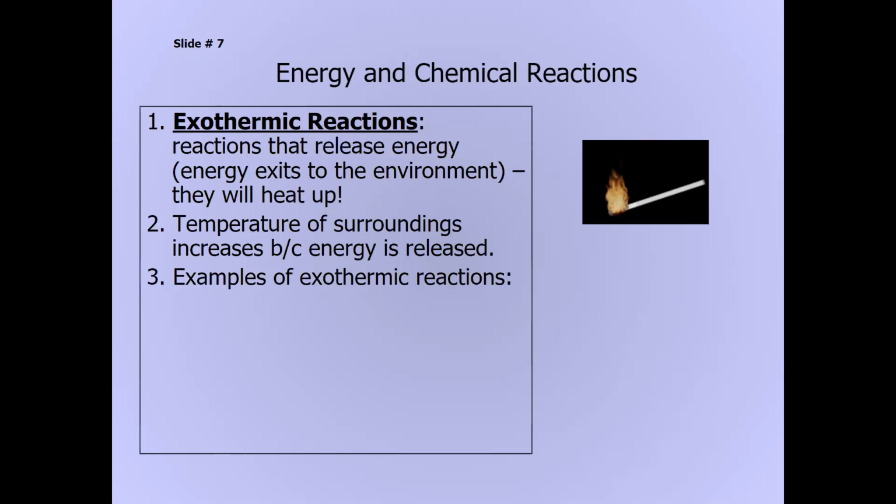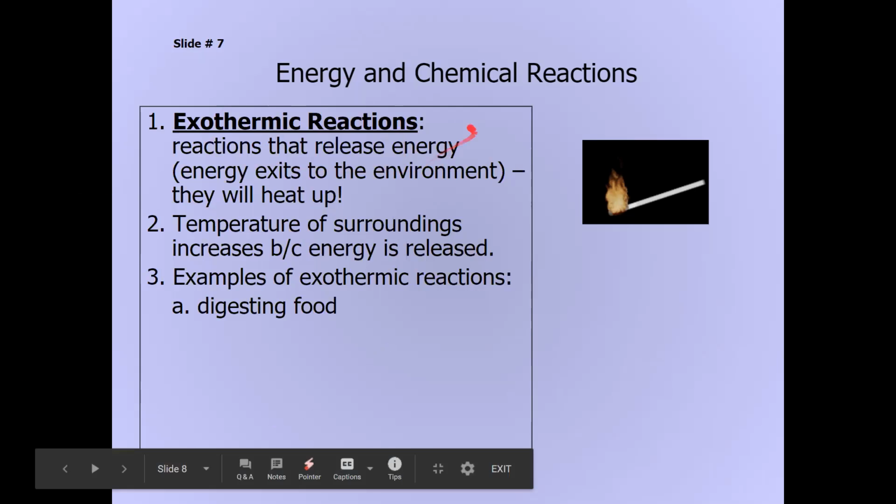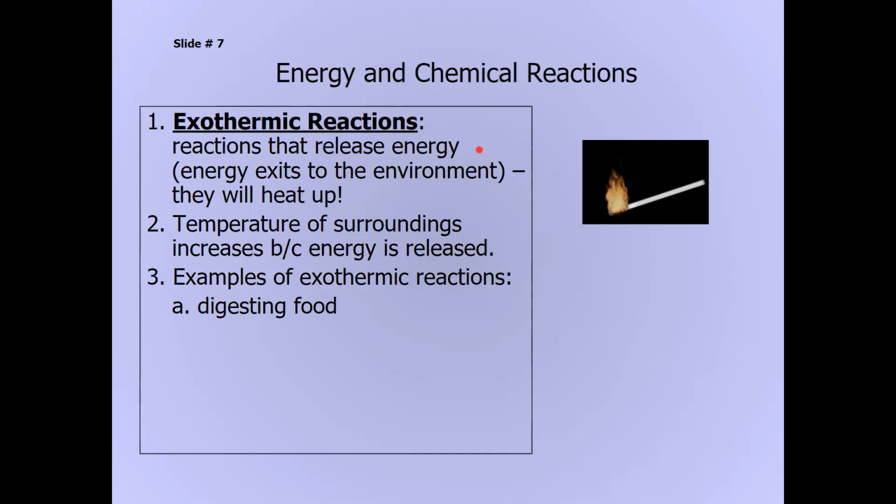So we've already talked about a couple different types of exothermic reactions. We've got digesting food. So like we were just talking about with the sugar in the plants with photosynthesis, we eat the plants and break down their sugars.